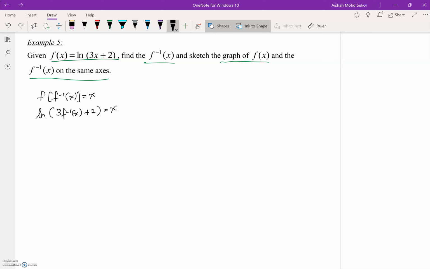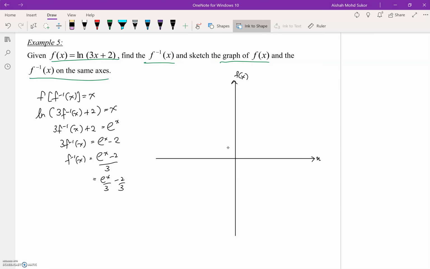As ln is equal to log base e, by using the anti-log, we have 3 f inverse(x) plus 2 is equal to e^x. Therefore, f inverse(x) is equal to (e^x minus 2) divided by 3, or we can write it as e^x over 3 minus 2 over 3.